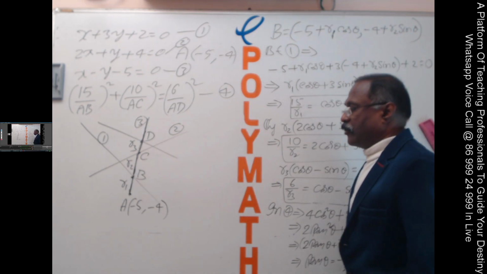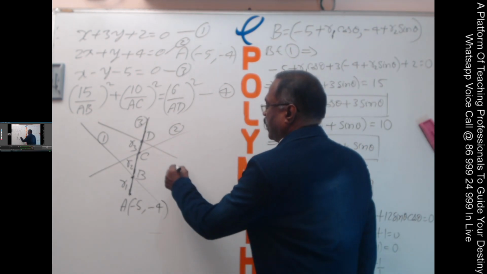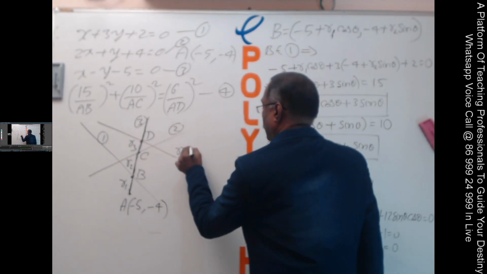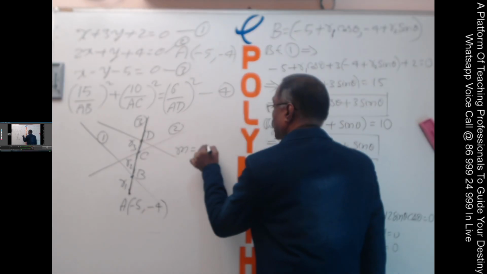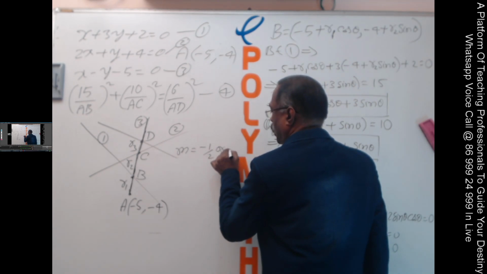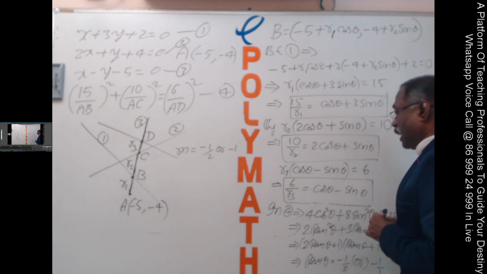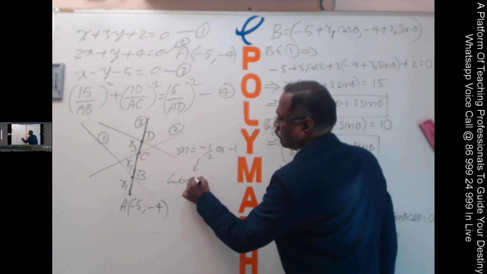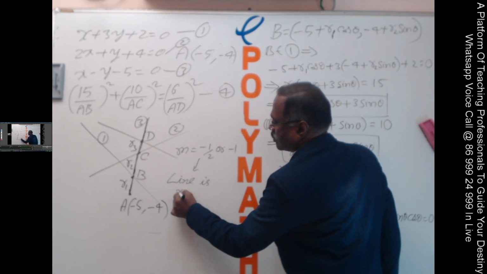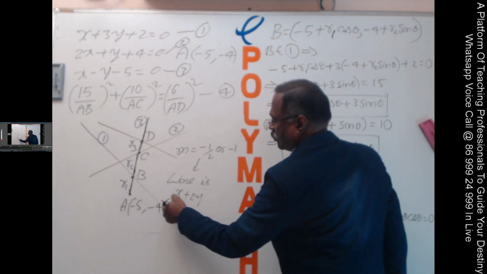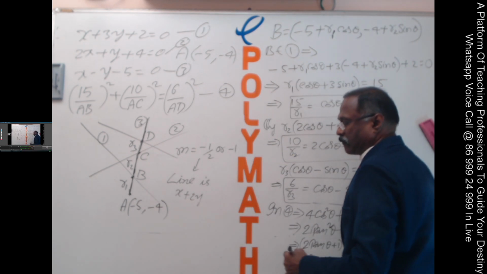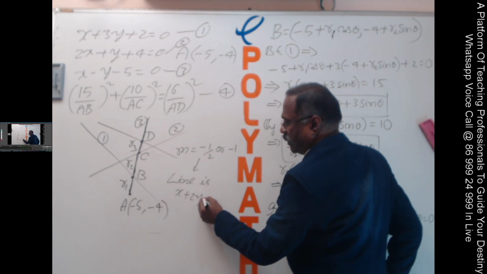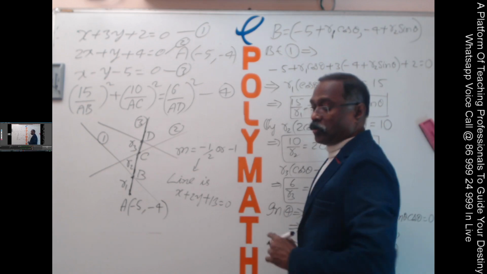So tan theta means m is in this case. Therefore m is equal to minus 1 by 2 or minus 1. Therefore the line equation, numerator x, denominator y, substitute the point, minus 5 minus 8 minus 13 plus 13 equal to 0.